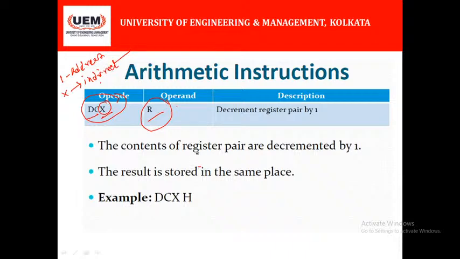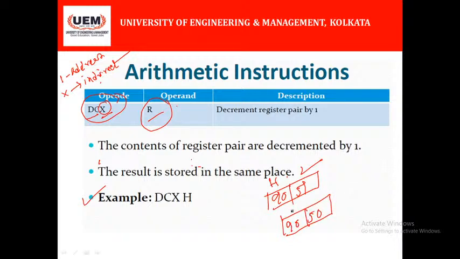Okay, so what we are doing is decrementing a register pair. For example, DCX H, suppose the value of the HL register pair is 9051. After decrementing, the value becomes 9050.